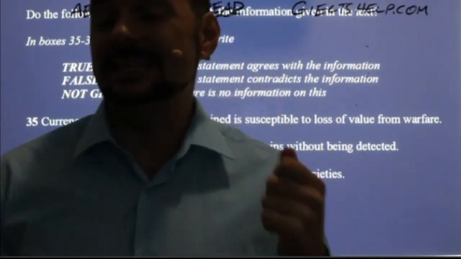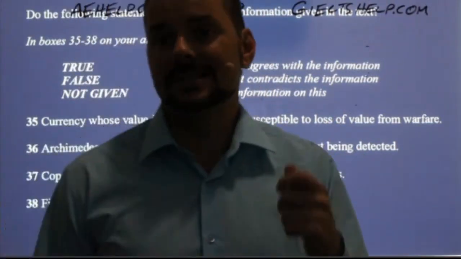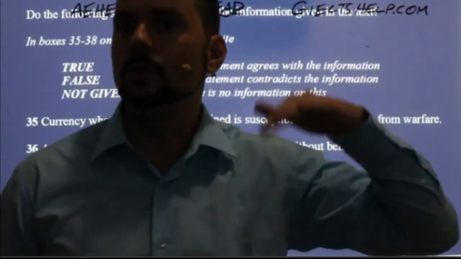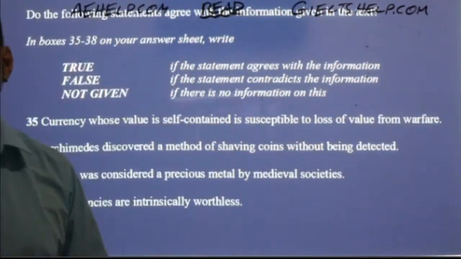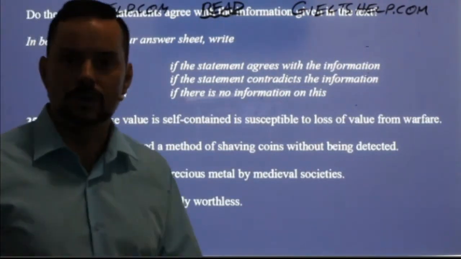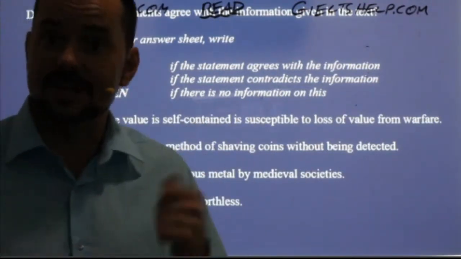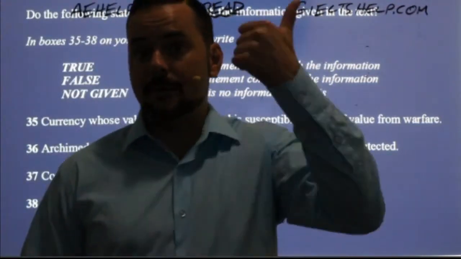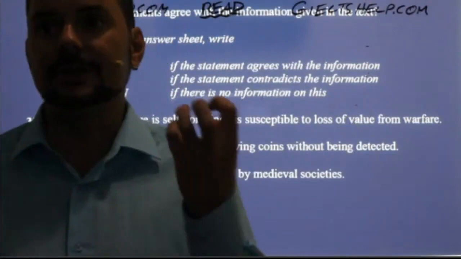In fact, these days what happens when there's war is this kind of currency goes up in value, right? Because it's the only reliable currency. So anytime there's trouble in the world, like with COVID-19, I'm sure all of you saw that the price of gold went up, right? Because it's got self-contained value.